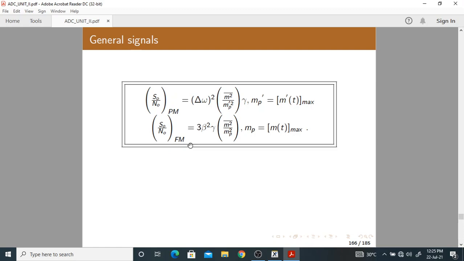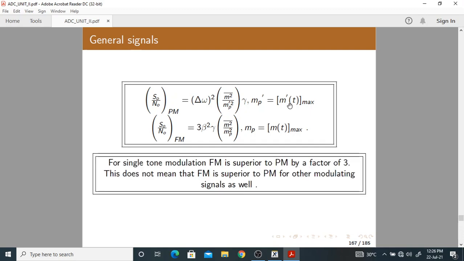It is for general signals. You must know this. For PM it is delta omega whole square into M square bar by MP prime square into gamma. It is 3 beta square gamma into M square bar by MP square bar. What is MP? It is the maximum value of m of t. What is MP prime? It is the maximum value of m dash of t, that is, the maximum value of the differentiation of m of t.